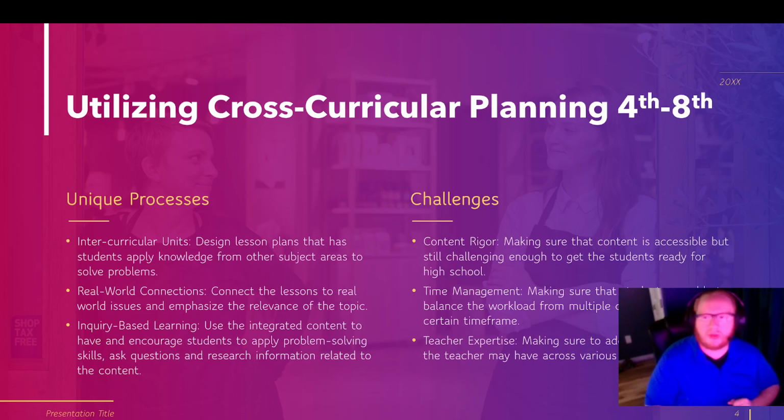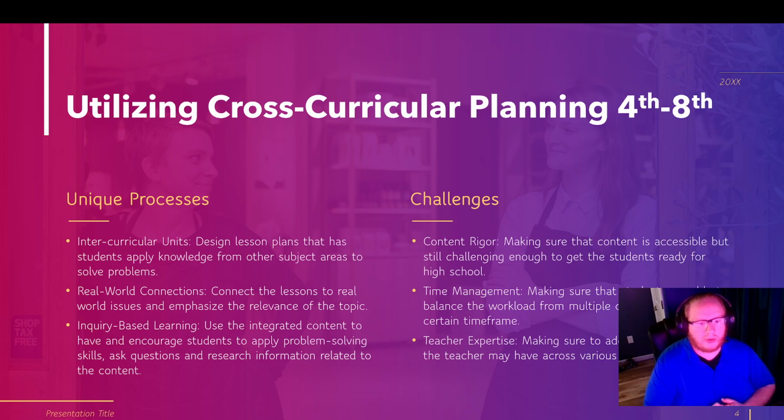For fourth through eighth grade, you can do interdisciplinary units, design lesson plans that have students apply their knowledge from other subject areas to solve problems, such as word problems in math.